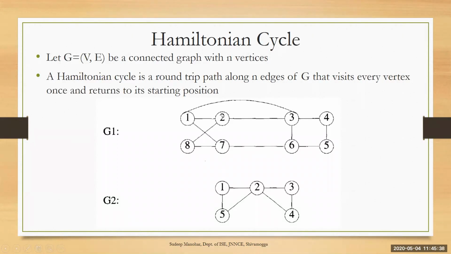So this covers all the vertices exactly once, not more than once. So the condition is to visit every vertex only once. So 1, 2, 8, 7, 6, 5, 4, 3, 1. This is one Hamiltonian cycle. Likewise, there may be any number of Hamiltonian cycles.